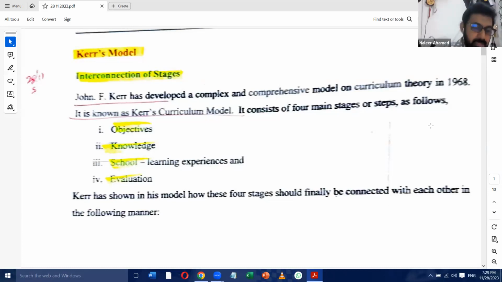Can you tell me the four stages of Taylor's model? Anybody? Come, we had it yesterday.